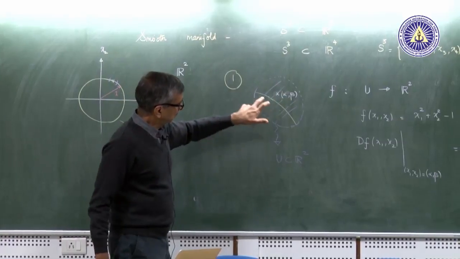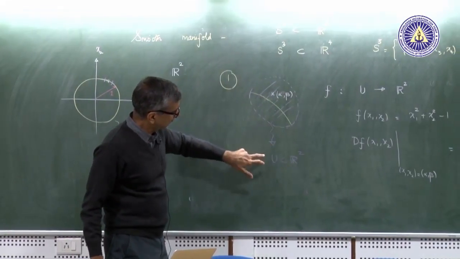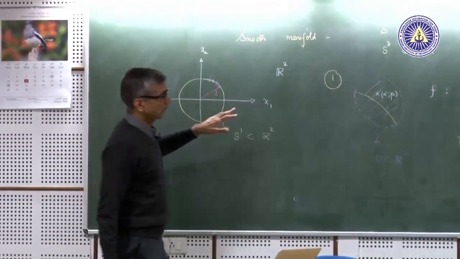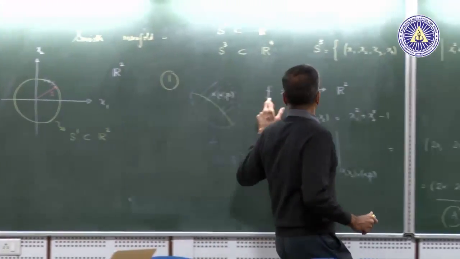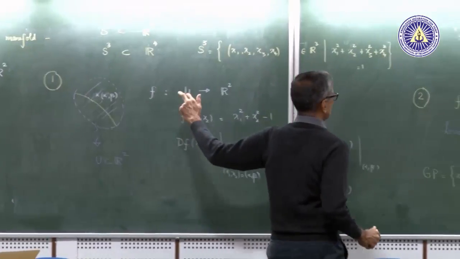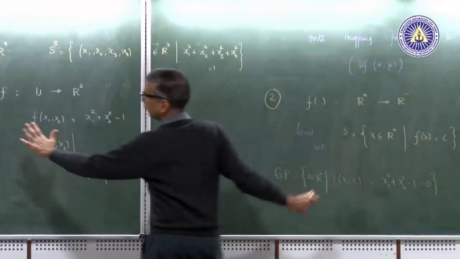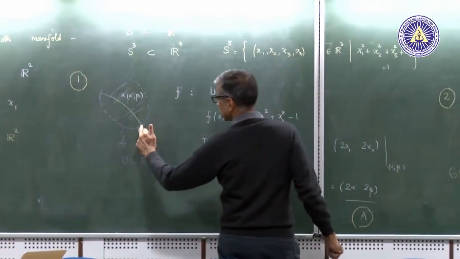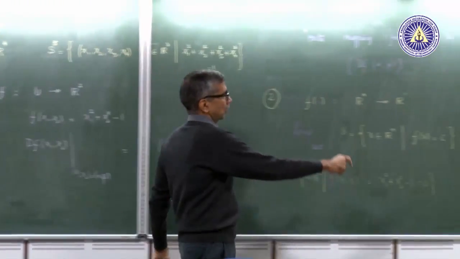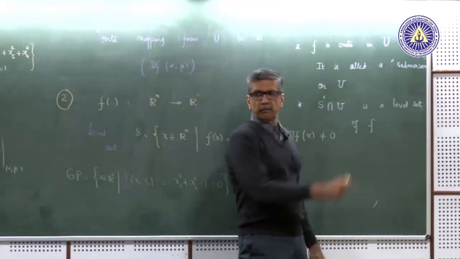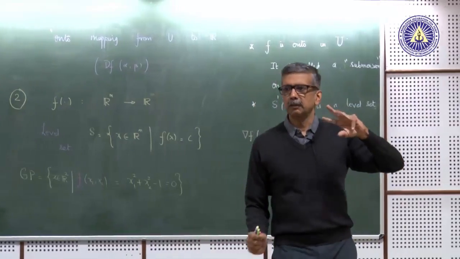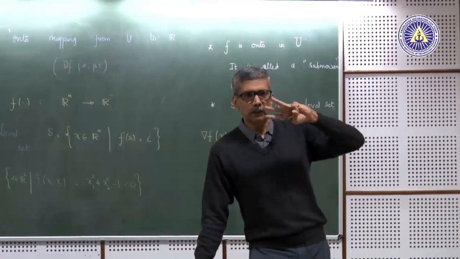So, this portion of the circle was U intersection S1, and I could find a function which was onto everywhere here, and this portion of the circle was a level set of f.